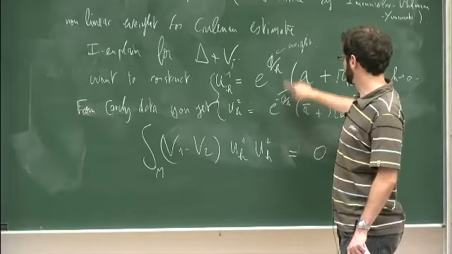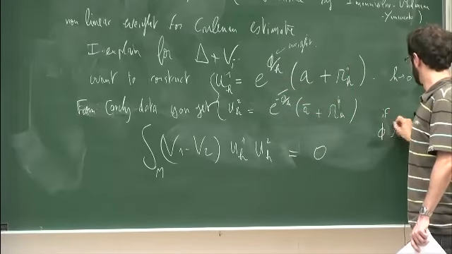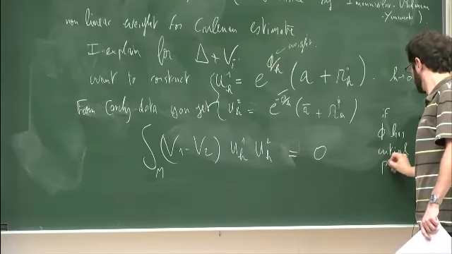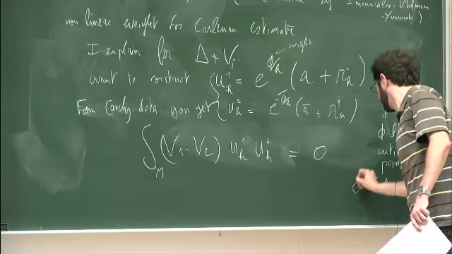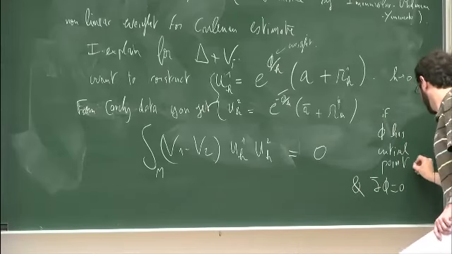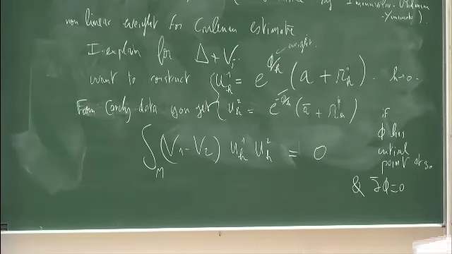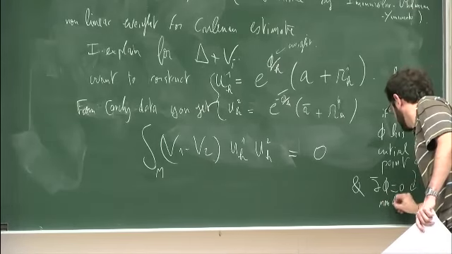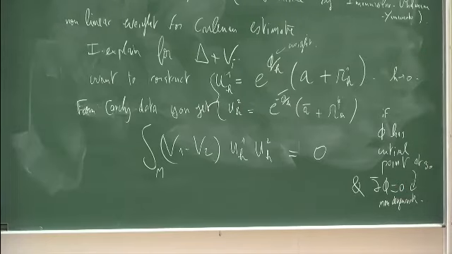So if you plug in this solution and assume that phi has a critical point, with d-bar phi equal to 0, so a critical point at z0, non-degenerate, so the Hessian is non-zero, or the second derivative is non-zero at z0.